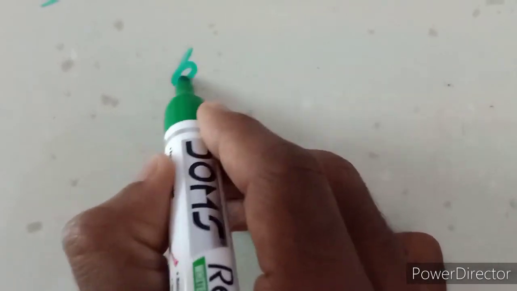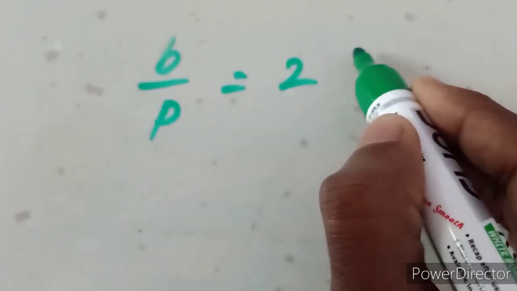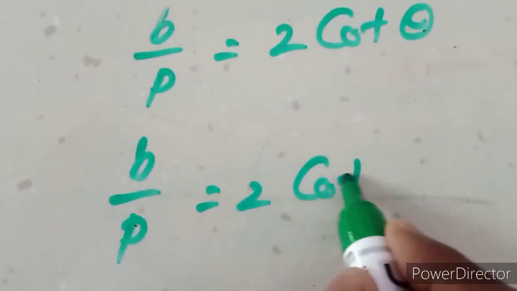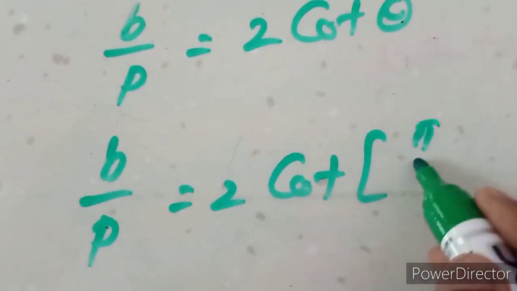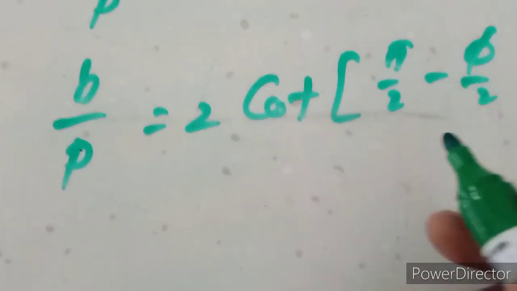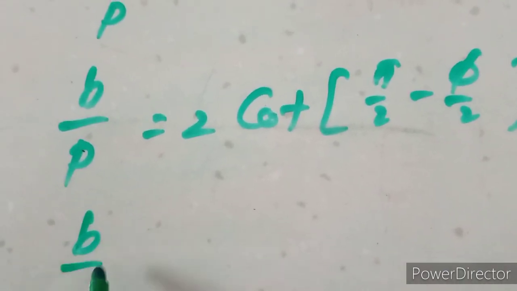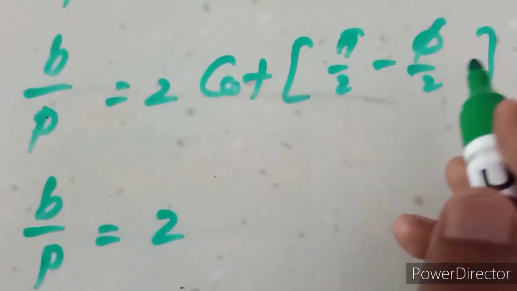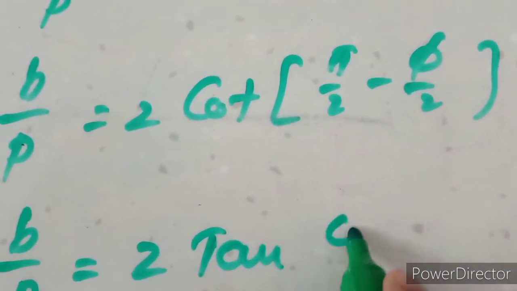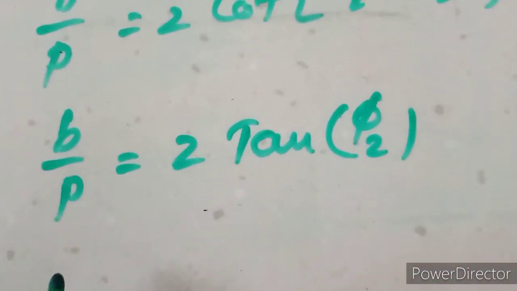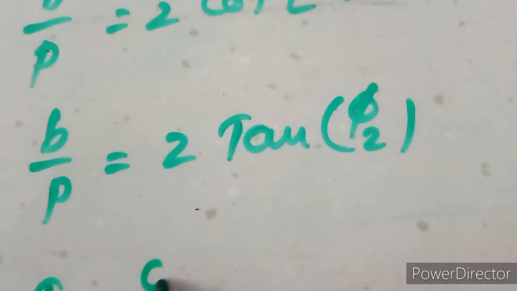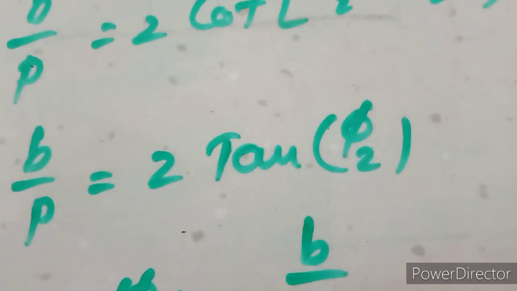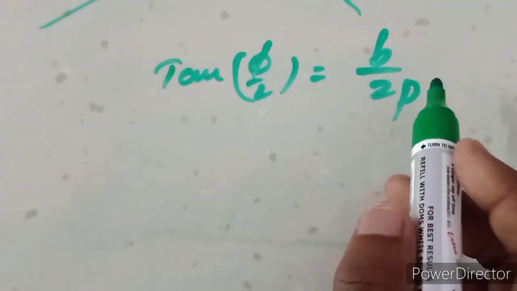We know that B upon P equals 2 cot theta. B upon P equals 2 cot theta means pi by 2 minus phi by 2. Then B upon P equals 2 cot of pi by 2 minus phi by 2, which is tan phi by 2. Then tan phi by 2 equals B upon 2P.